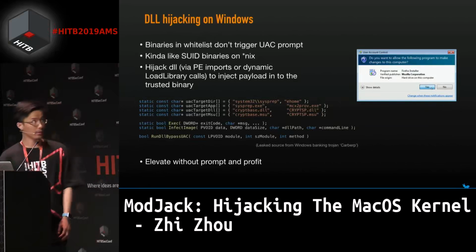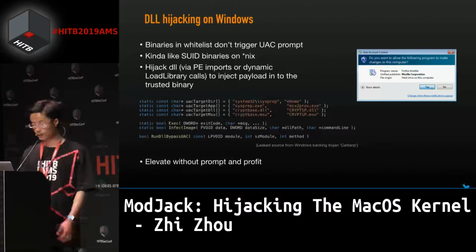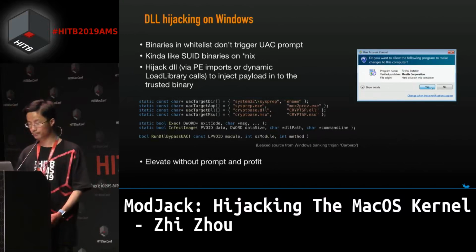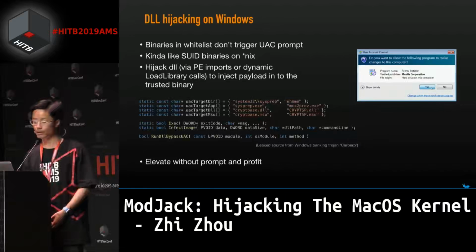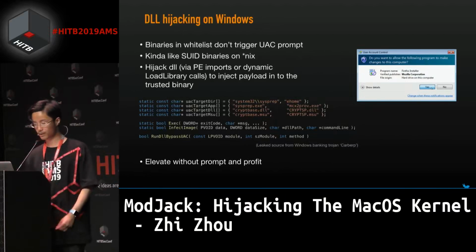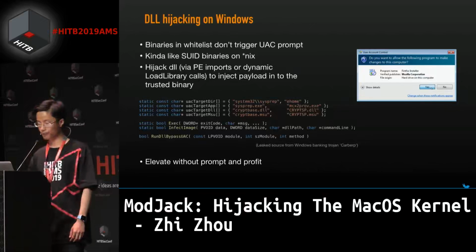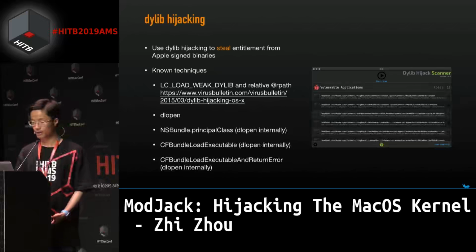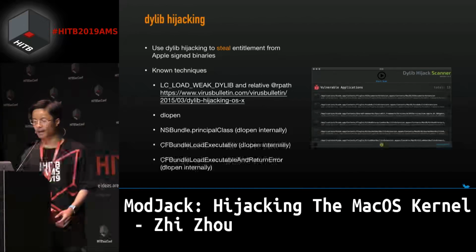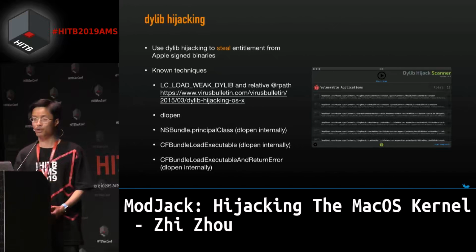And here is a code snippet from a leaked source of a real Trojan that performs DLL hijacking to bypass the UAC prompt to get higher privilege. So my approach is very similar. I want to use dylib hijacking to steal entitlement from these Apple signed binaries.